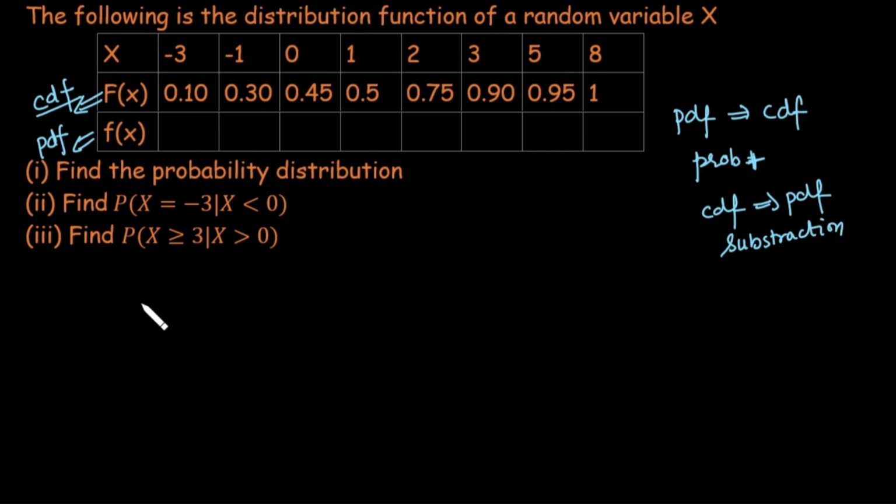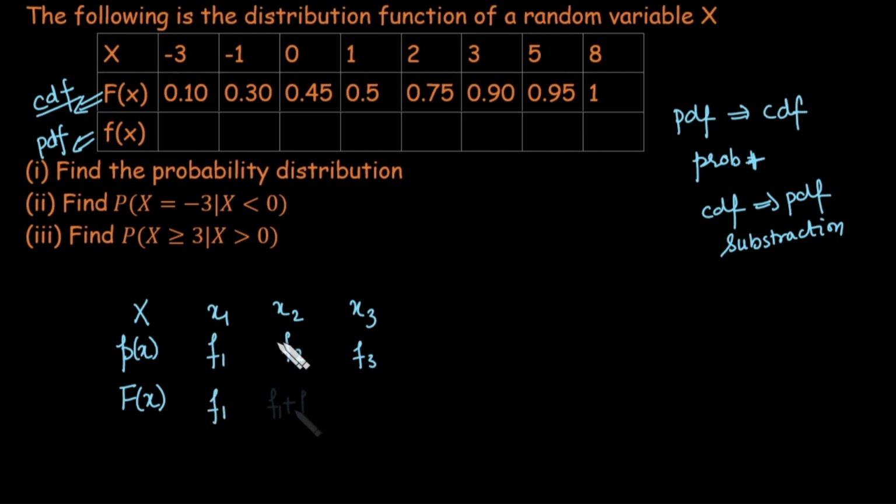अब वो कैसे use करना है? एक scenario लेते हैं. Suppose हमारे पास कोई एक x random variable है जहाँ पे ये तीन values हैं x1, x2, x3. तो अगर corresponding probability हमें यहाँ पे given है f1, f2, f3, how are we writing the CDF? That is here as f1, sum of these two, that is f1 plus f2, then sum of these three.